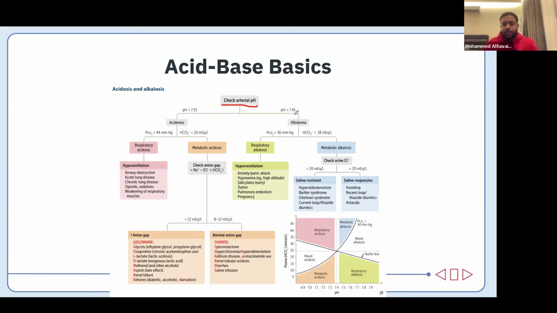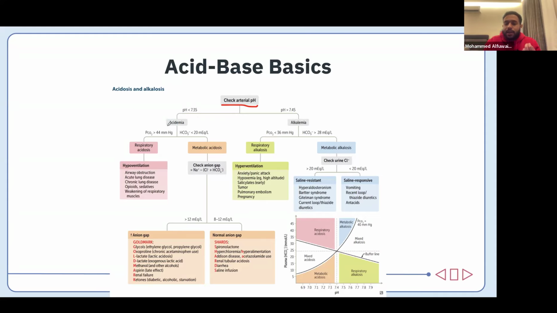So now in acidosis, as I said, you have two acids, H plus and carbon dioxide. If you have an increase in carbon dioxide, will this cause acidosis? Yes. If you have an increase in hydrogen, will this cause acidosis? Yes. If you have a decrease in bicarb, will you have acidosis? Yes. So changes in all of these three will cause acidosis.